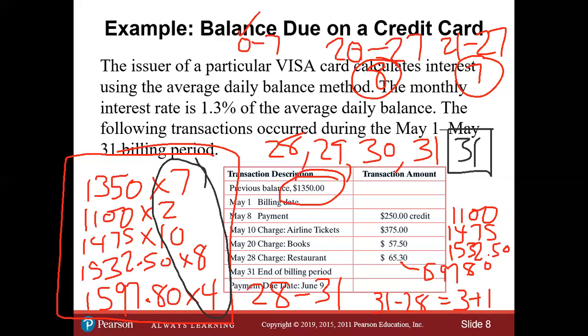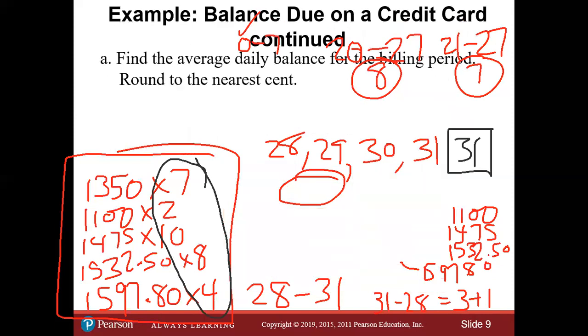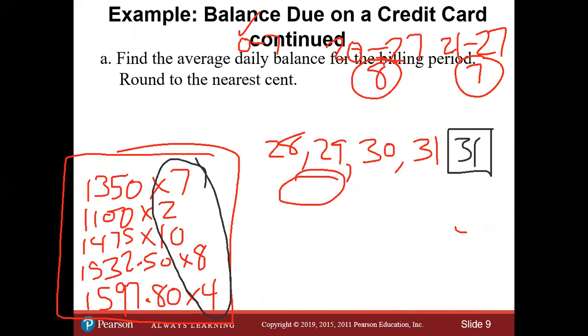Okay, so now we need to go ahead and multiply those and then add them. So I'm going to go ahead and get some more space. All right. Let's erase all of this that we no longer need.